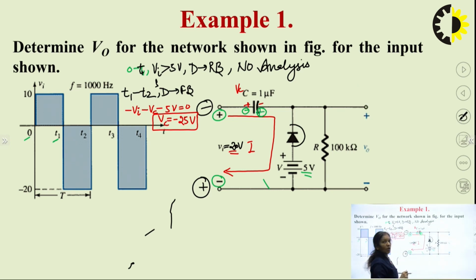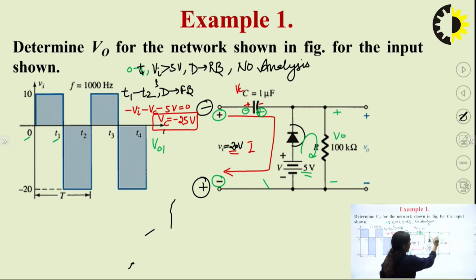So, this is plus. Now, when the diode gets forward biased, we get two things. One is the capacitor value, the capacitor will charge to some value, and second is the output voltage. So, for output voltage V01, we have to write the KVL in this loop. So, this is plus and minus V0.